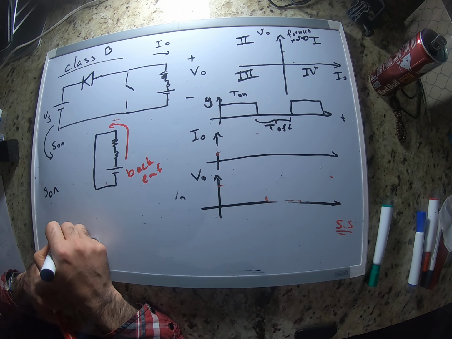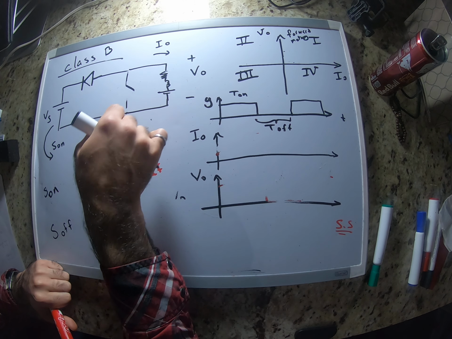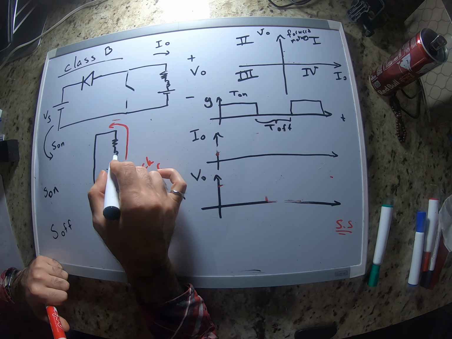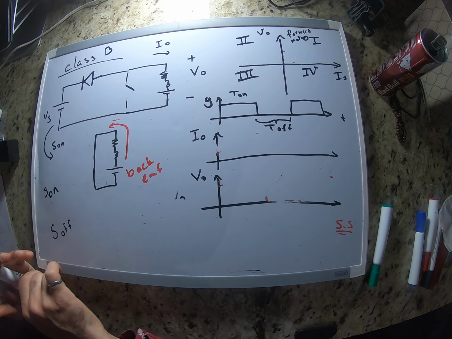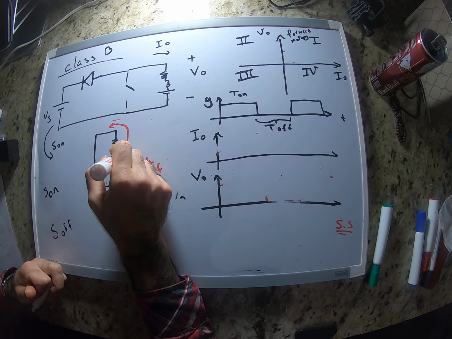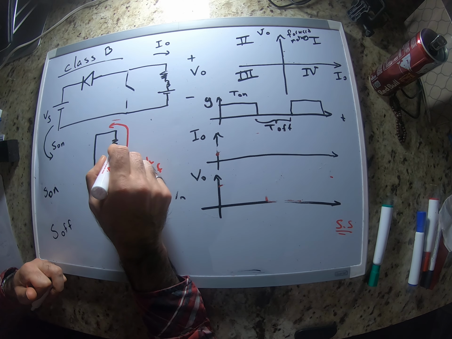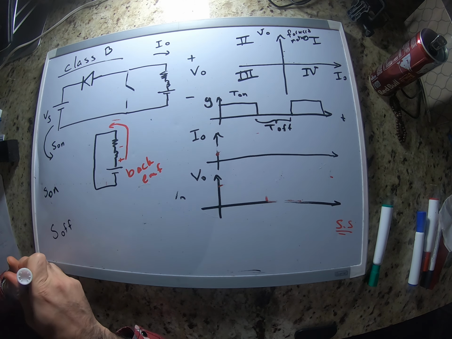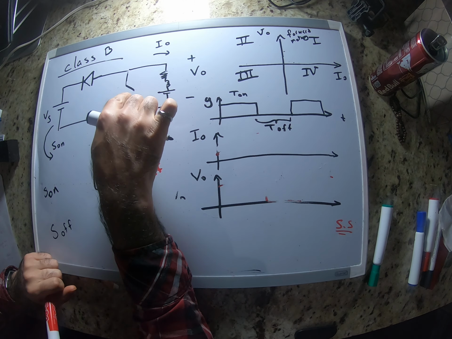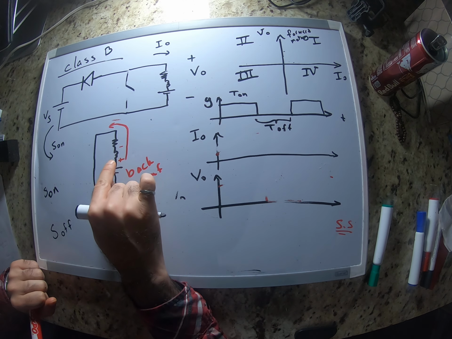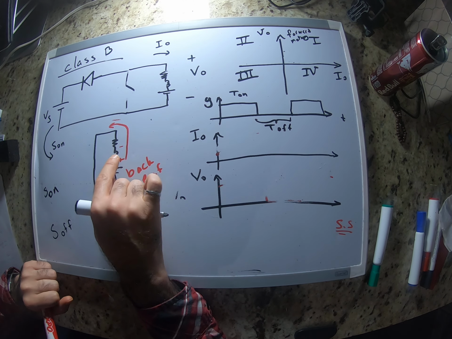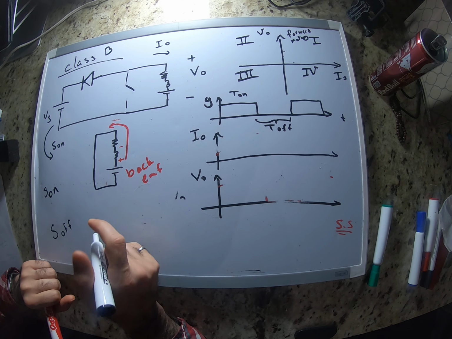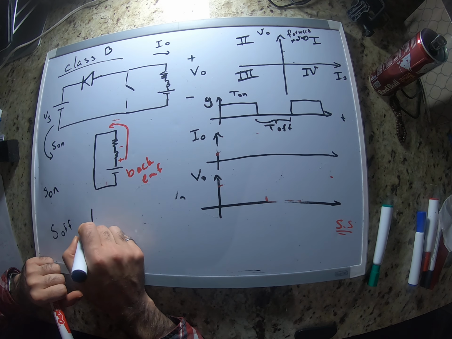When S is off, once we open the switch, now that we have stored some energy into this inductor, the polarity of the voltage across this inductor is like this, because we are storing some energy into it. Once this becomes open, now there's an initial current inside the inductor, so it keeps this diode conducting, and this is what we end up with.